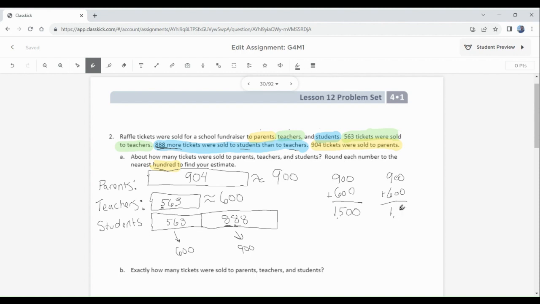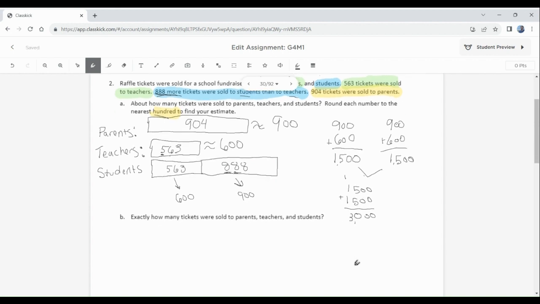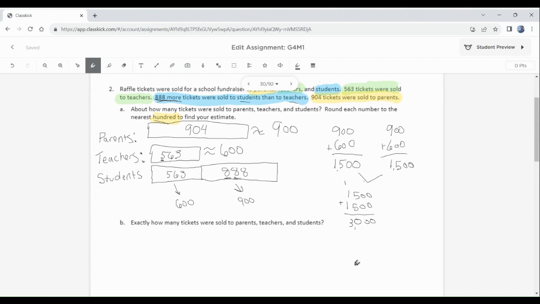Again, adds to 1,500. Now I would add these two numbers together. So 1,500 plus 1,500 would make 0, 0. 5 plus 5 is 10. And 1 plus 1 plus 1 is 3. To make 3,000.